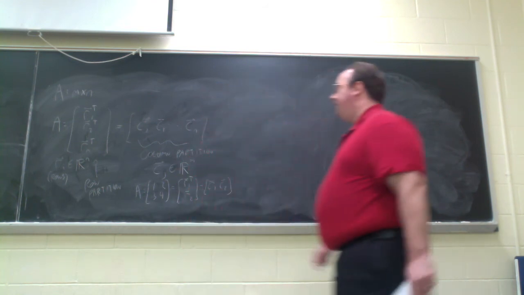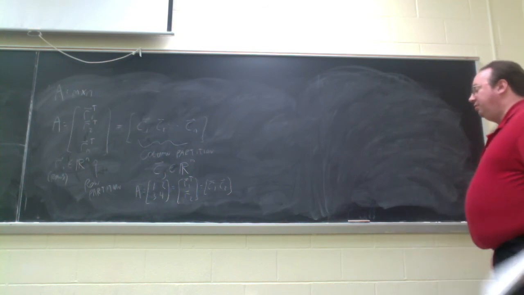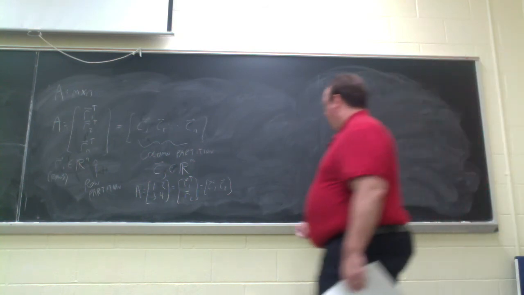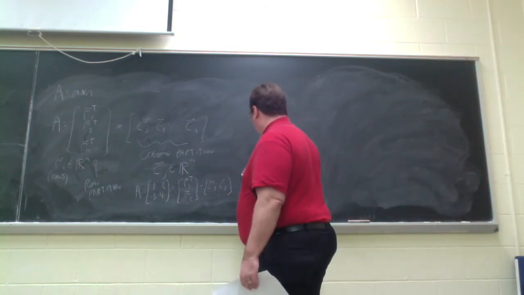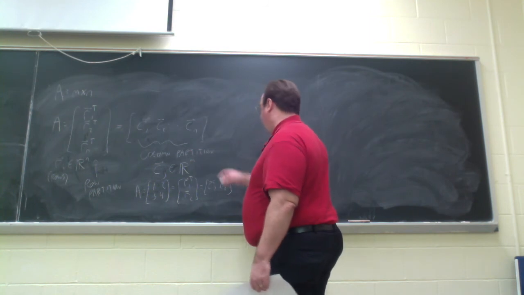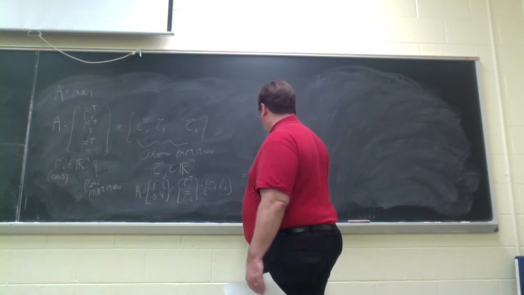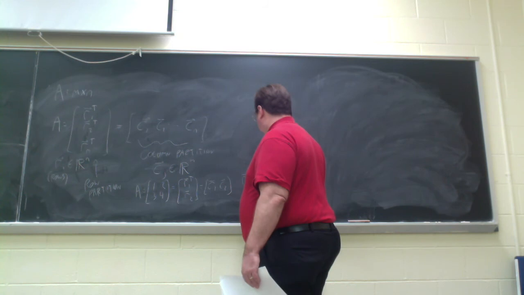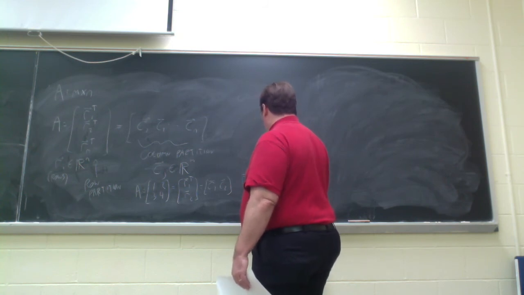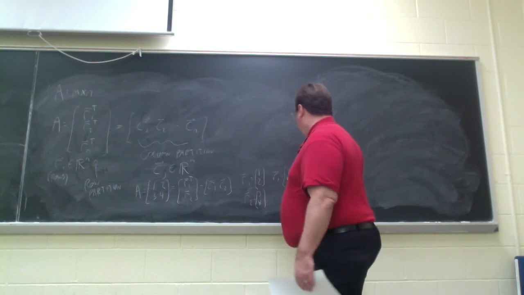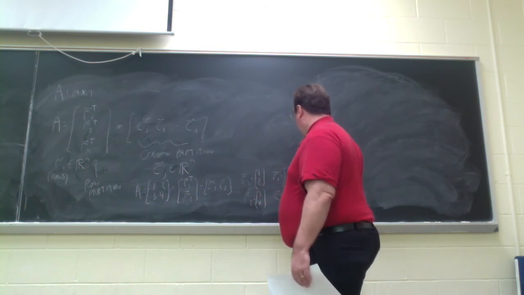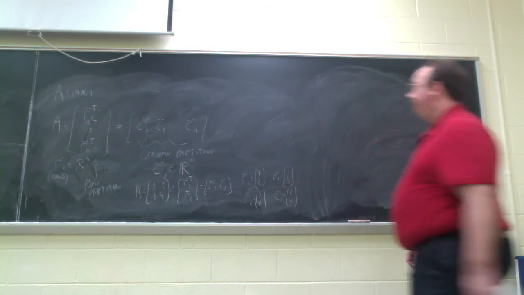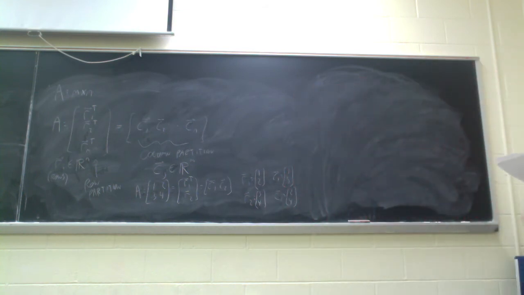So we can fill in the vectors R1, R2, C1, C2 from the entries of A. R1 would be 1, 2, R2 would be 3, 4, C1 would be 1, 3, and C2 would be 2, 4. All right.